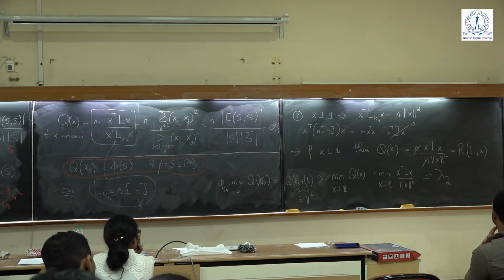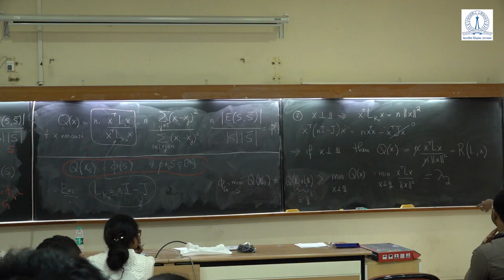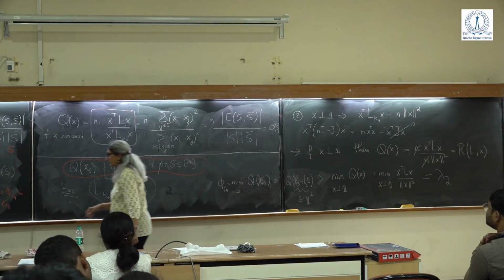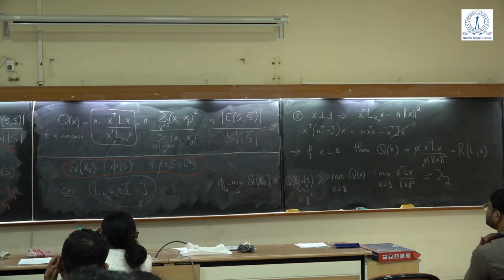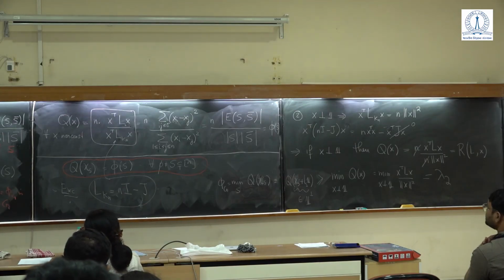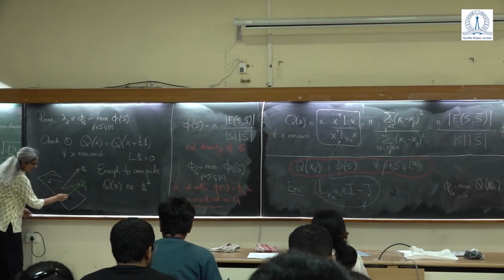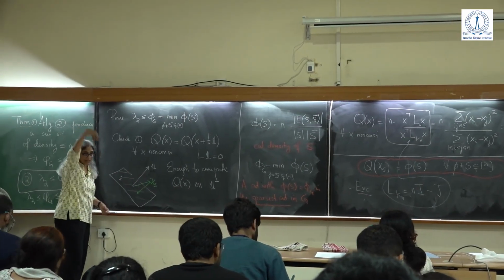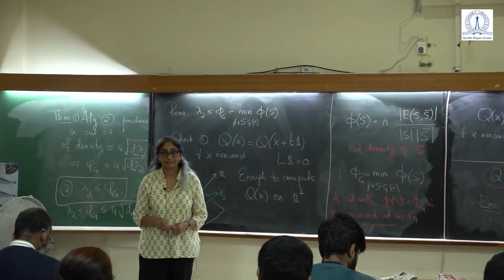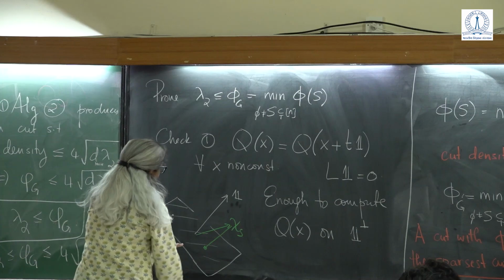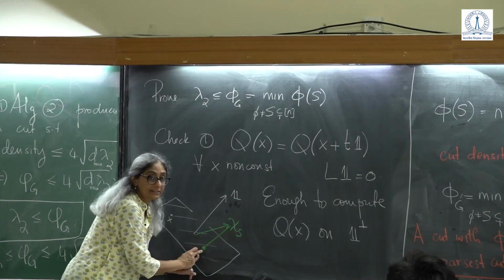So every vector has that picture, which I erased now. But if I have some arbitrary vector, maybe this was my chi-s, I can crash it down onto the orthogonal complement by subtracting a multiple of the all-ones vector, right? So the evaluation here and the evaluation here are the same.